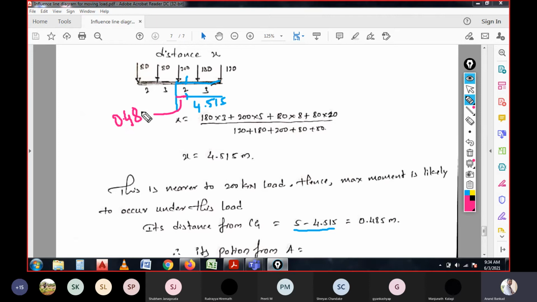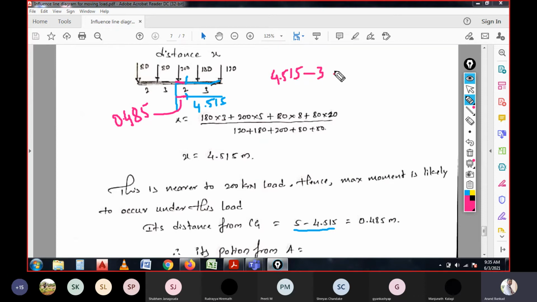0.485, right, and this distance is the eccentric value for this 200. Why is it not considered for 180? Because if you consider 4.515 minus 3, how much will we get?